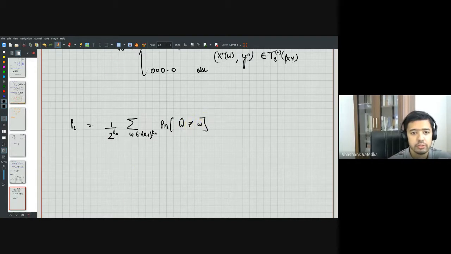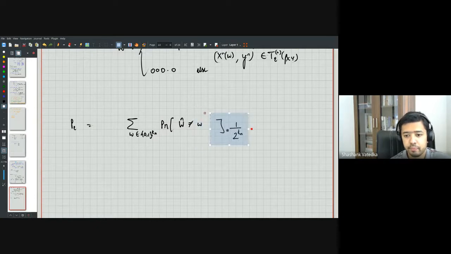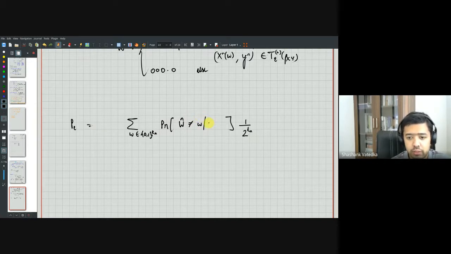So this is the average probability of error given that w was transmitted. For a particular code book, this is the probability of error.